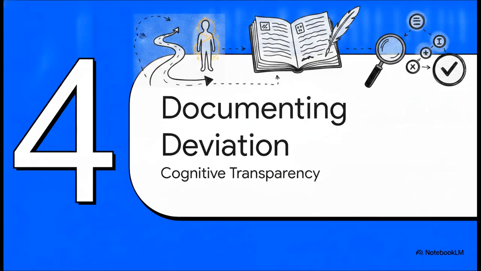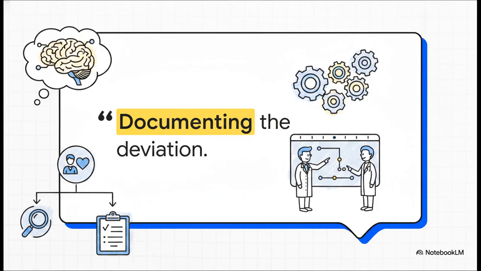And finally, Section 4, documenting the deviation. When a clinician decides to step off that standard path, they must leave a clear reasoning trace. Now, you might be tempted to think of documentation as just some tedious administrative chore. I get it. But within this framework, it is the exact opposite.